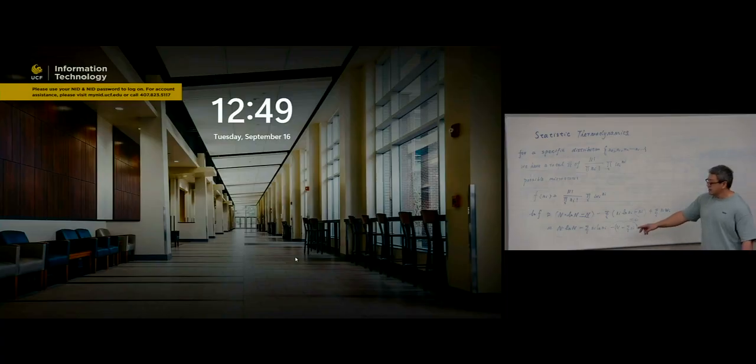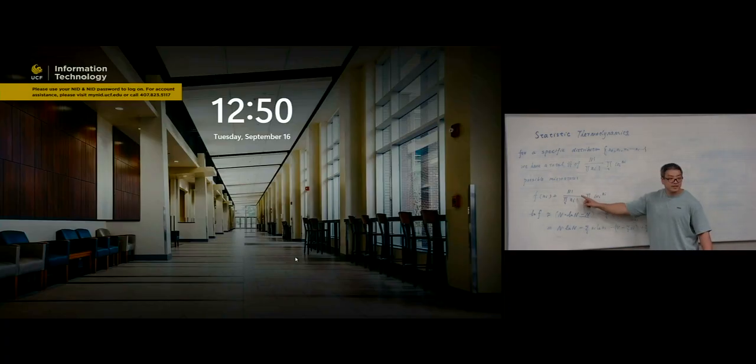You just expand it. You do the log on each of the terms, right? Then the product becomes a sum, right?